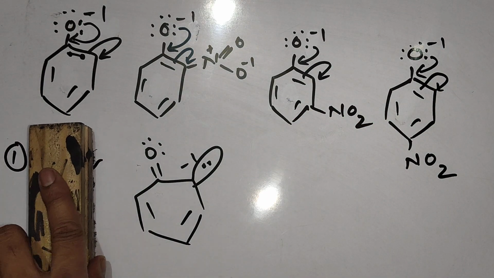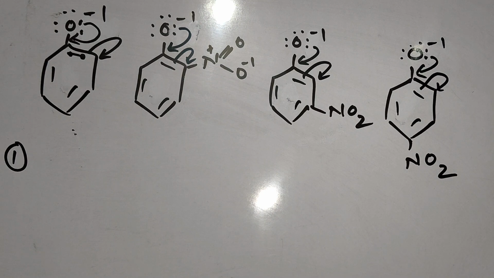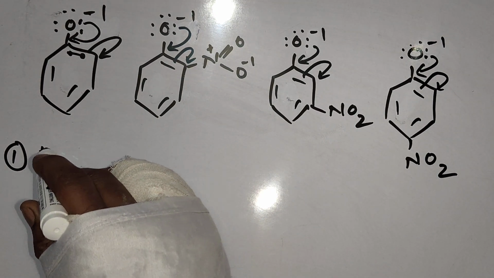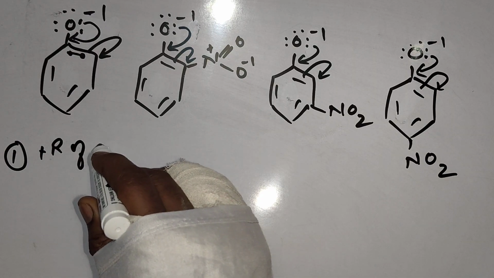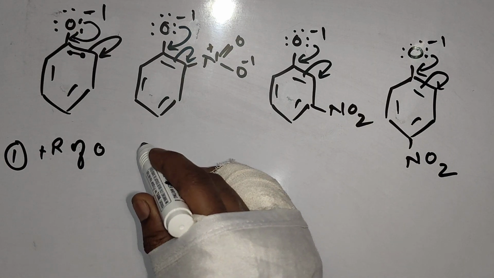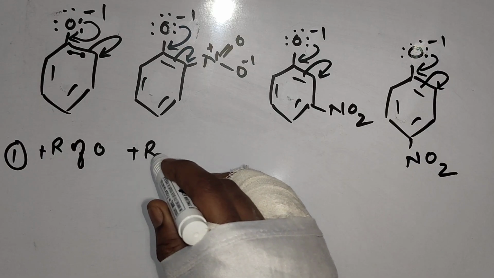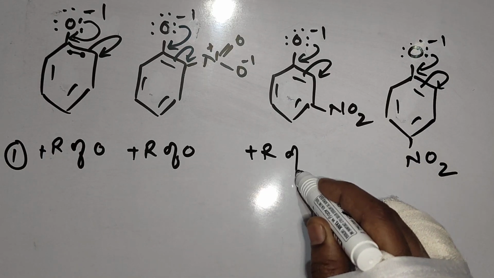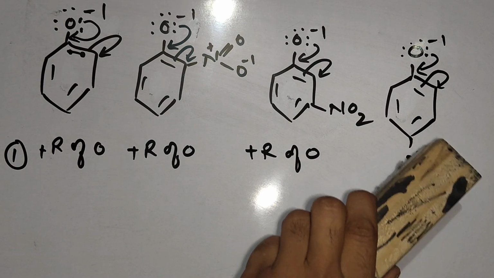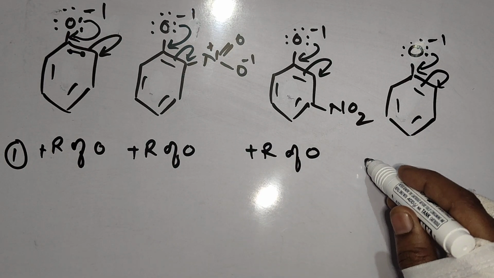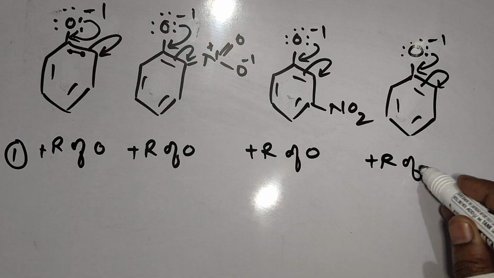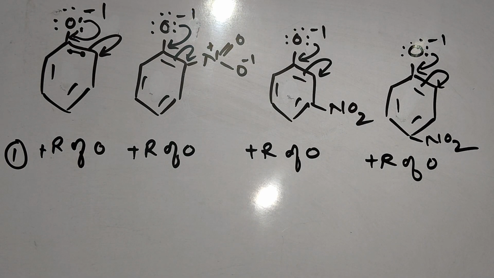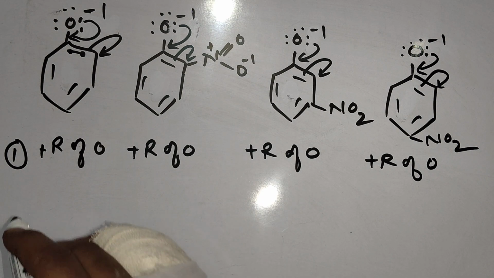So plus R of O, which is also available here, plus R of O, plus R of O. Here also we have plus R of O. All those four cases have plus R of O. Okay, next factor.